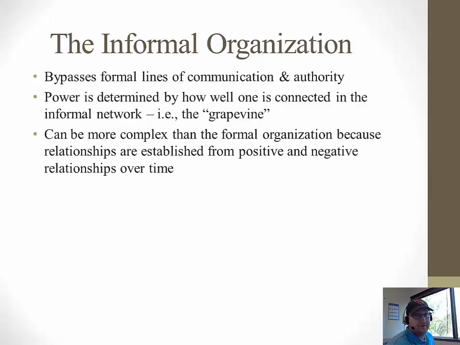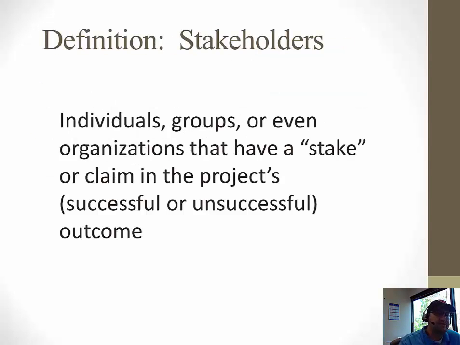Power then is determined by how well one is connected. It can be more complex than the formal organization because relationships are established from positive and negative, and they occur over time, and they change. So it's very complex.